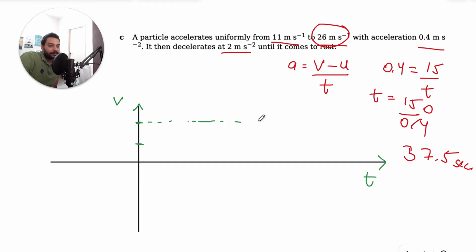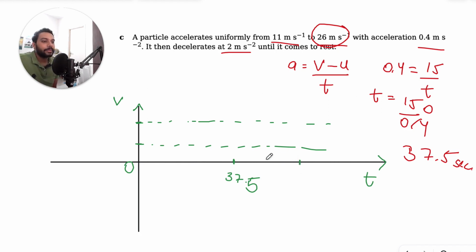Horizontal guidelines. Then vertical ones. Time instance 0, 37.5, first leg ends, and another 13 seconds, that means 50.5. It's at here.